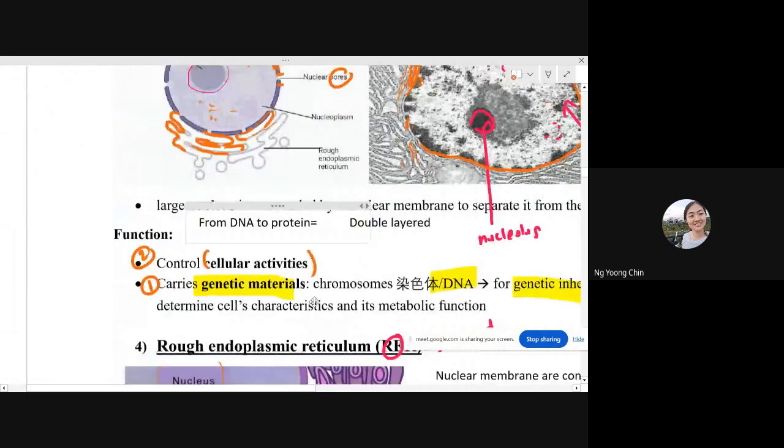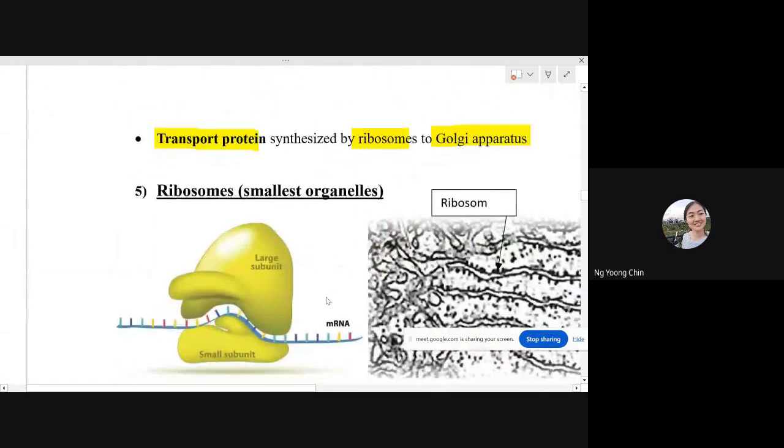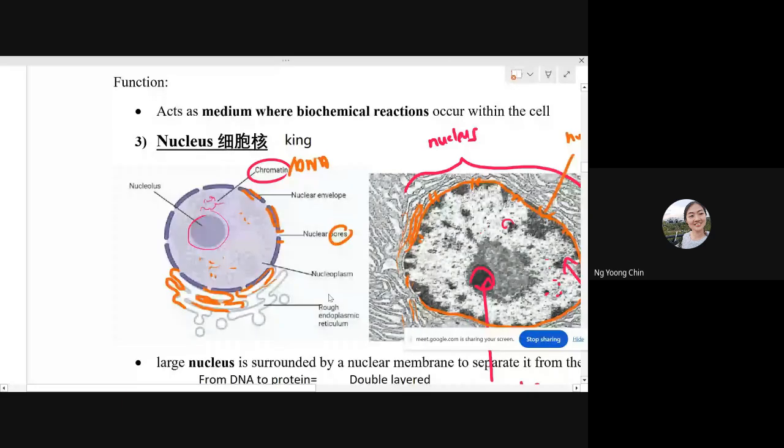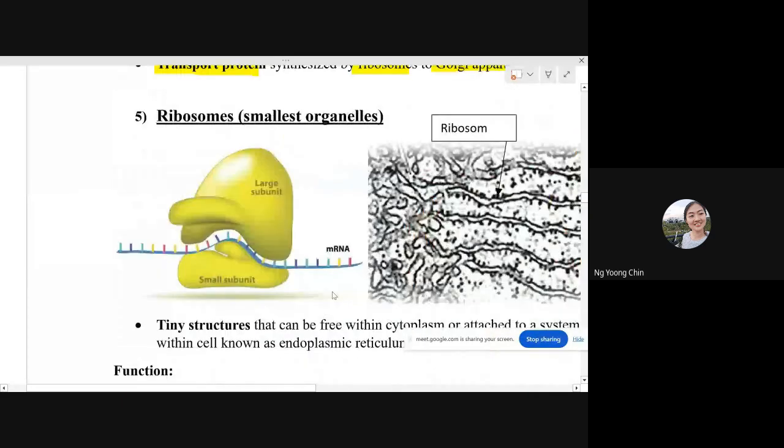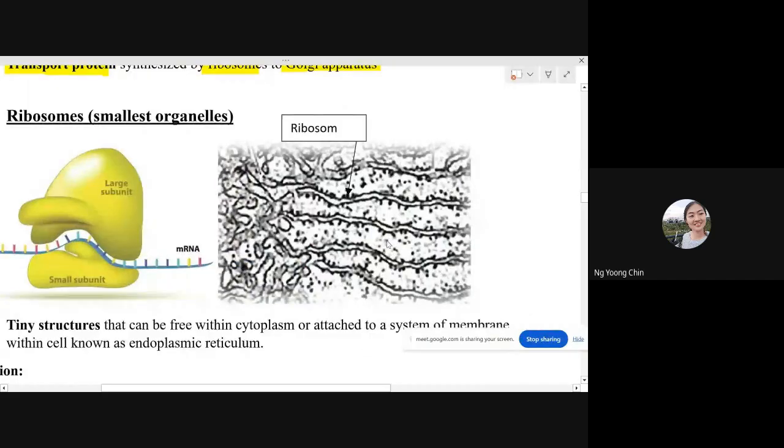So we talked about the nucleus and ER. Now maybe we can talk about the ribosome. The ribosomes are attached on the surface of the endoplasmic reticulum. Actually there are two types of ribosome.